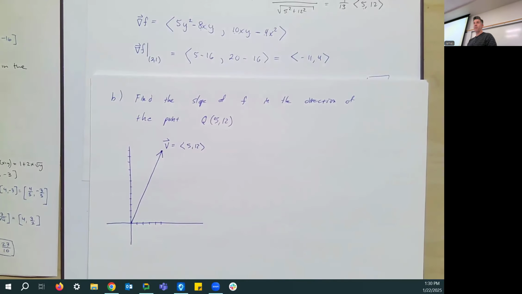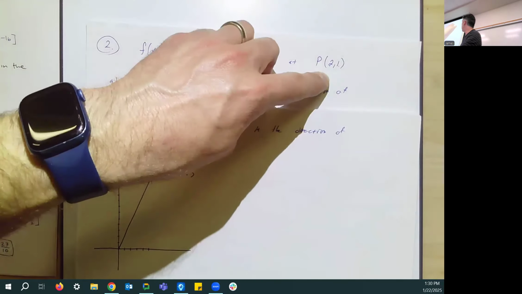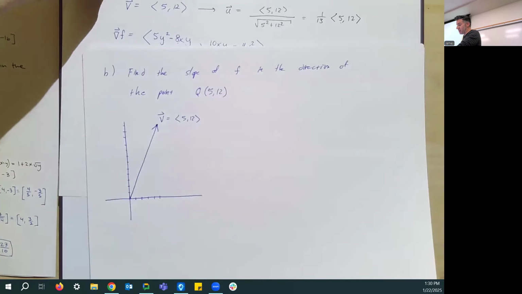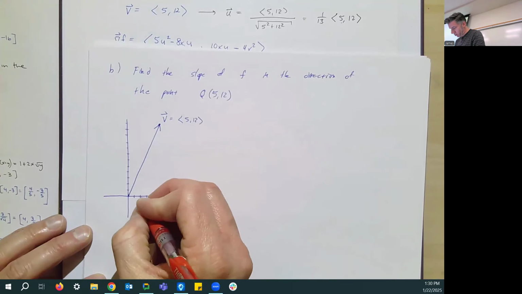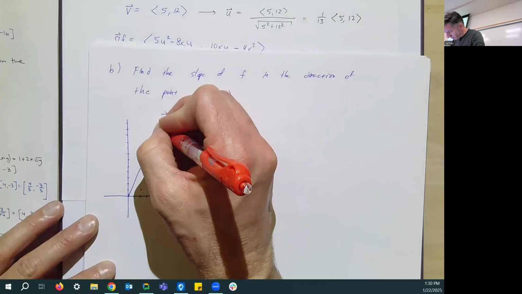Over 5 up 12. But they're not asking for that in the second problem. What they're actually asking for here is the vector that starts at the point we're taking the directional derivative at, which was, I'll remind you, 2 comma 1, and ending at the point 5 comma 12. So we're starting at 2, 1, and we're ending at the point 5 comma 12.